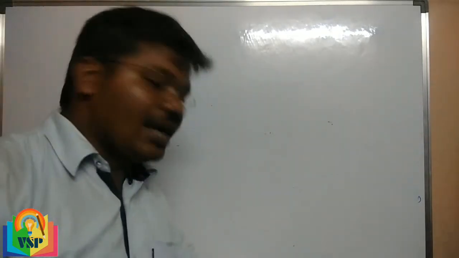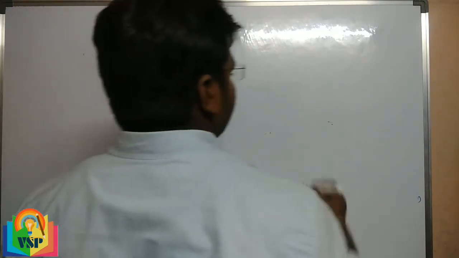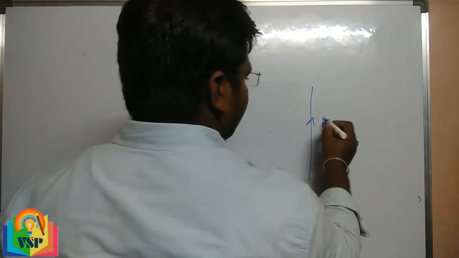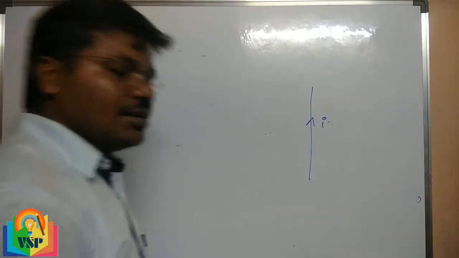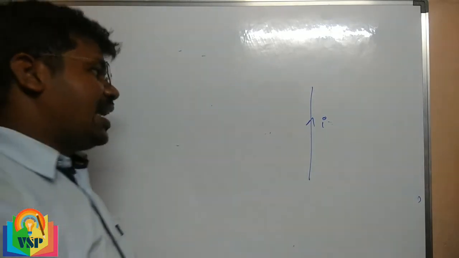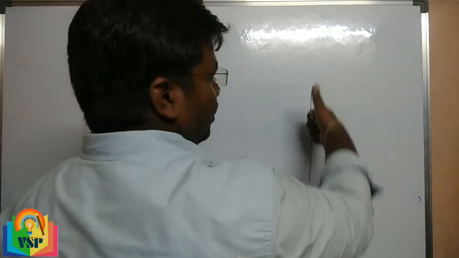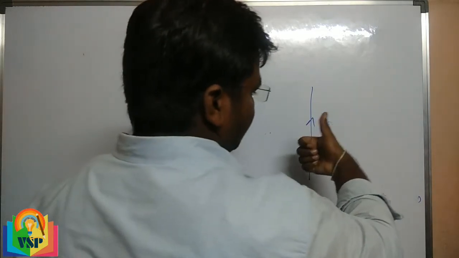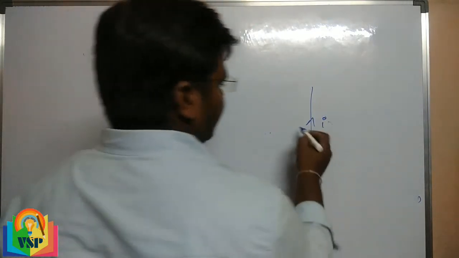According to Oersted's experiment, if current passes through a conductor, a magnetic field develops. We know the direction also: if the thumb indicates the current, the remaining fingers indicate the magnetic field direction.